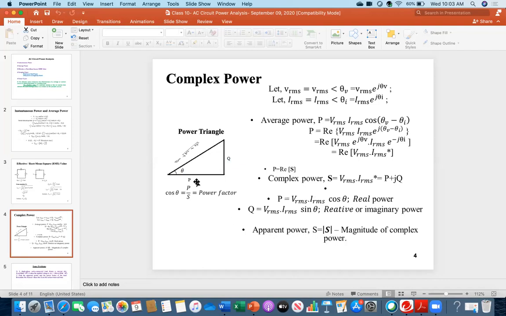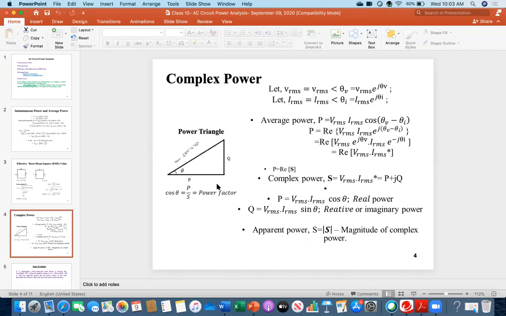So everybody, as an engineer from today, you will remember that AC has four types of power. In complex format, it is called complex power. The magnitude of complex power is called apparent power, which is this one.